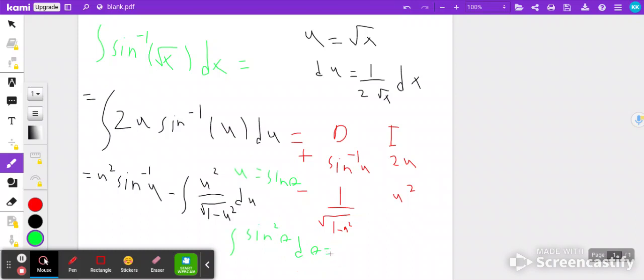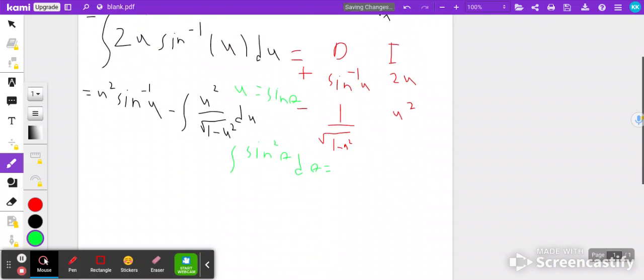Because I don't have much space here, I can scroll down. So I can use a trig identity that we know. We can use the double angle identity of cosine of 2x. So we know that cosine of 2x is equal to cosine squared x minus sine squared x.